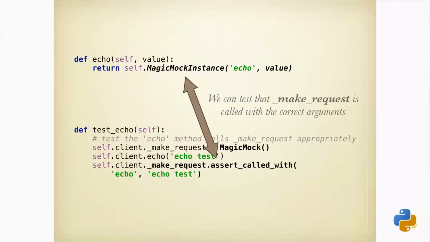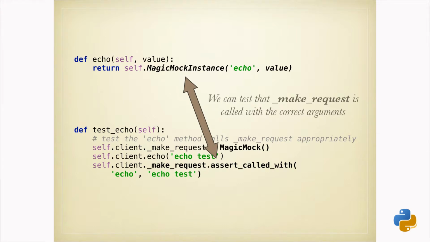So we replace that function with magic mock. So our application code then looks like this. Rather than call the make request function, we're actually calling the magic mock instance with certain parameters.